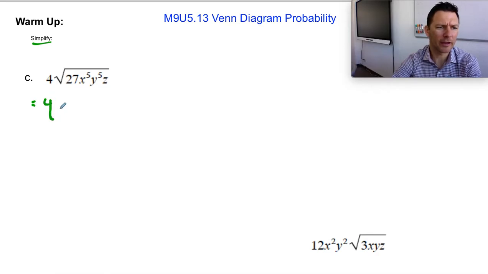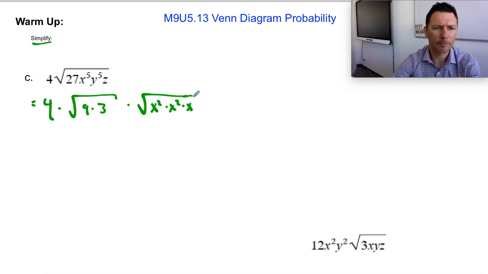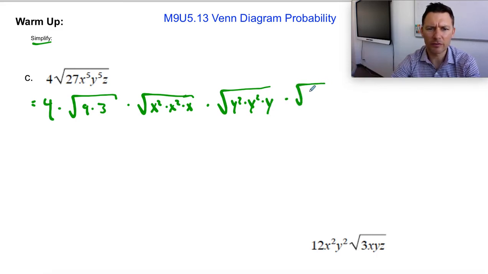Well, 4 is going to stay there. I'm going to break up the rest. 27, I know, is what, 9 and 3? X to the 5th, I'm going to call x squared and x and x. And y to the 5th, I'm going to do the same. And root z is just going to stay in there.